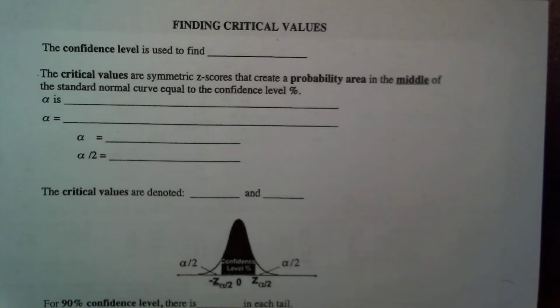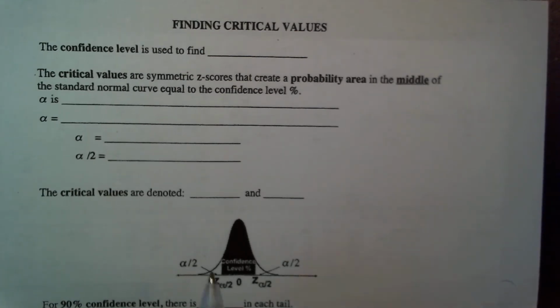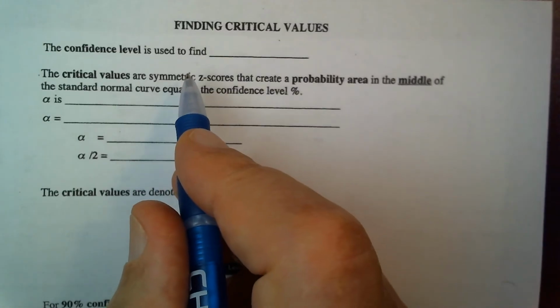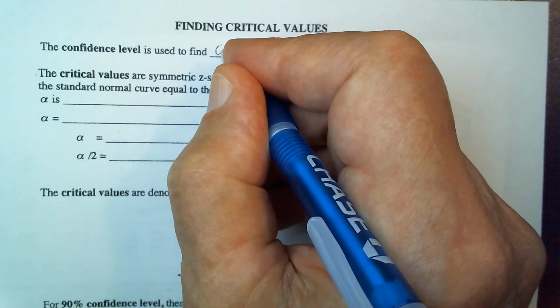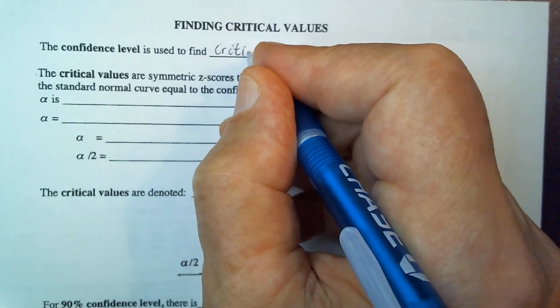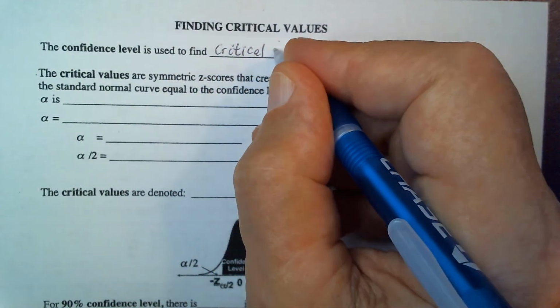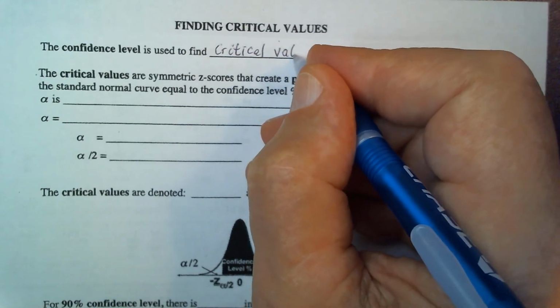The next important concept is that of critical values. The confidence level is used to find critical values. As the words indicate, they must be important, and they are.